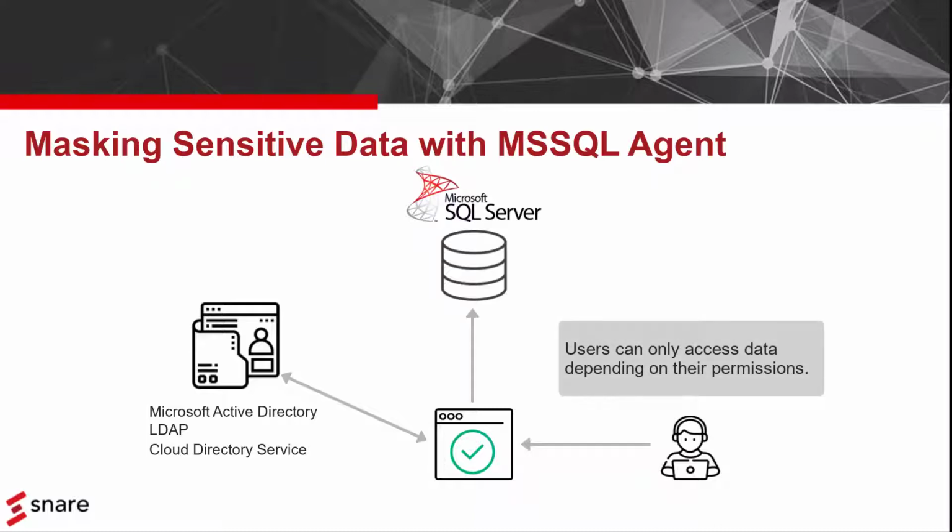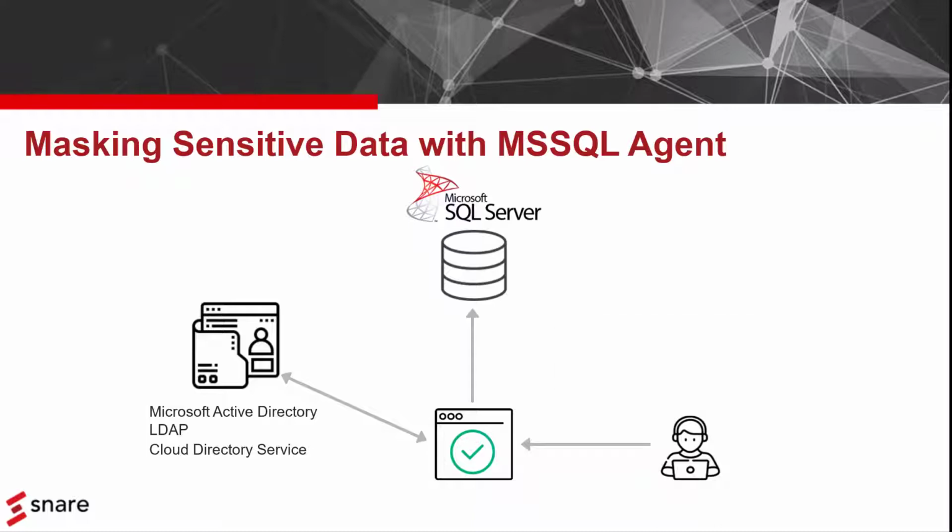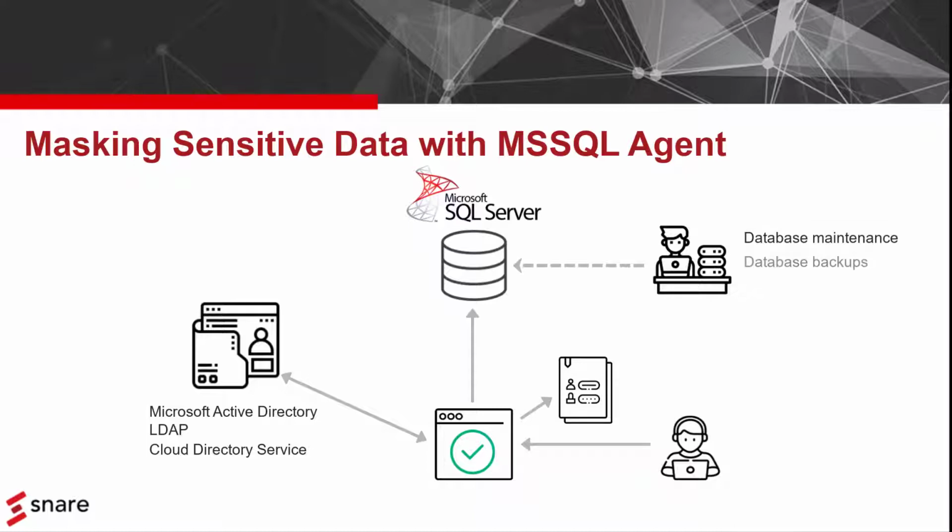Users will have access to only specific sections of the data according to their permissions configured in the application. Additionally, our application should also generate access logs for tracking and troubleshooting purposes. Only database admins will have additional privileges to access the database directly for administrative purposes, which may include database maintenance, backups, migrations, and so on.